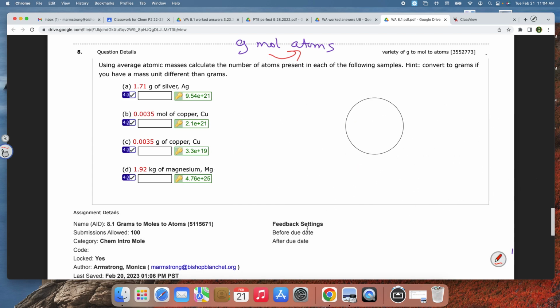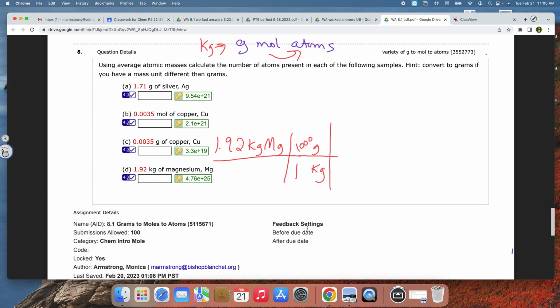Last one. This one gives you kilograms, so you're going to have to go kilograms to grams to moles to atoms. So we'll do 1.92 kilograms of magnesium, and we'll go from kilograms to grams. 1 kilogram is 1,000 grams.